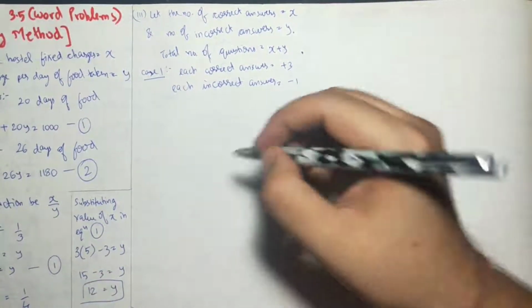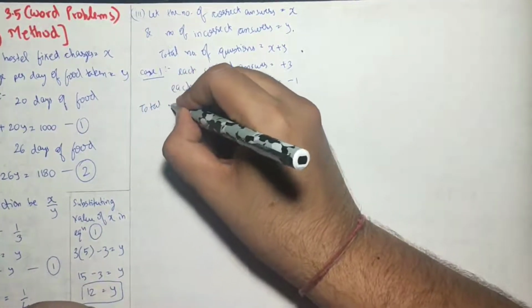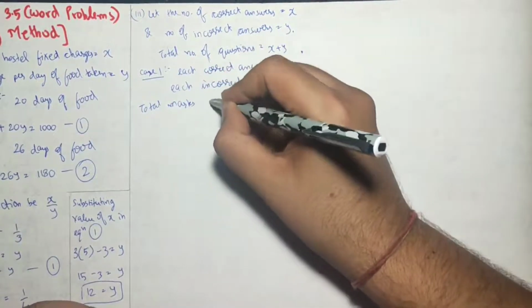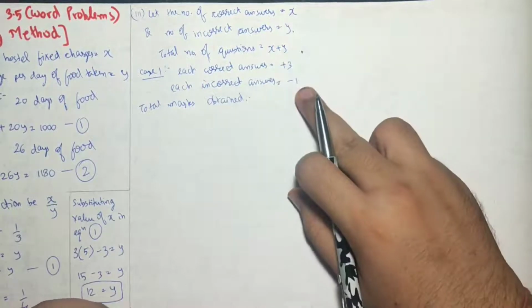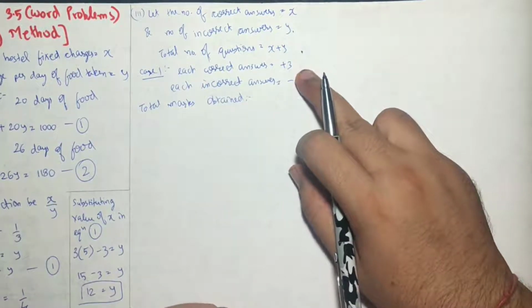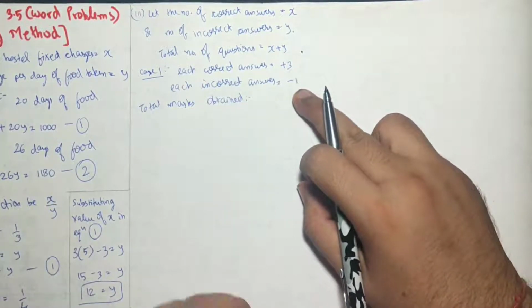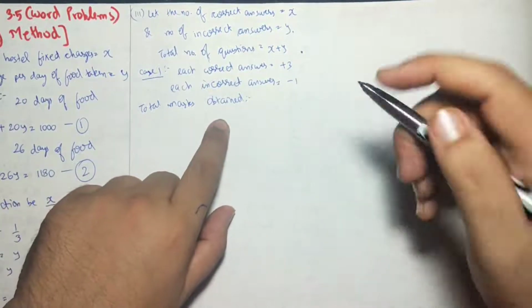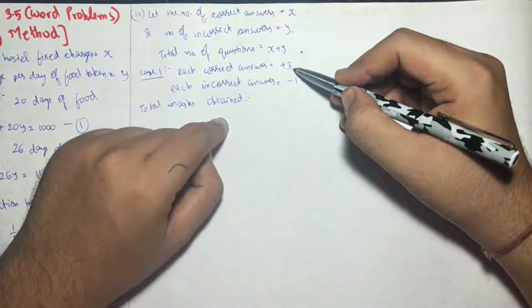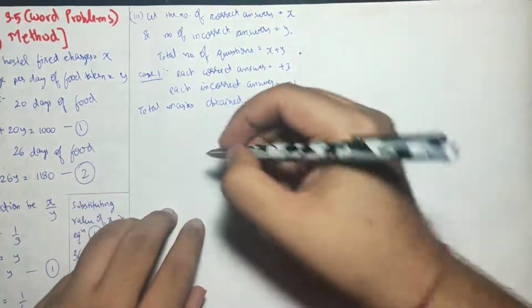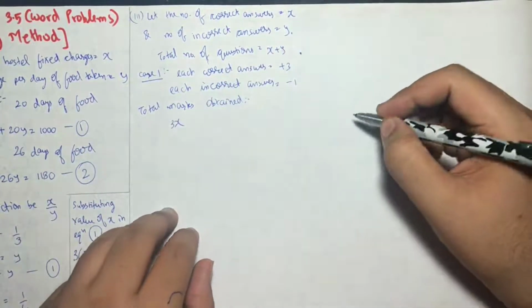In such a case, the total marks obtained, when each correct answer is 3 marks and each incorrect answer is minus 1 mark, can be written as follows. For each correct answer it is plus 3. There are total x correct answers, so 3x.